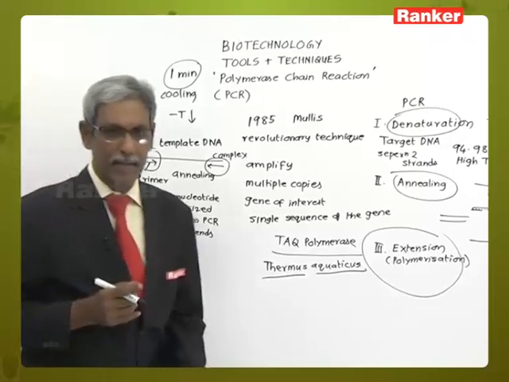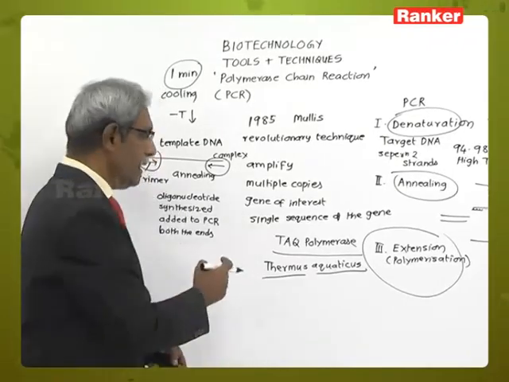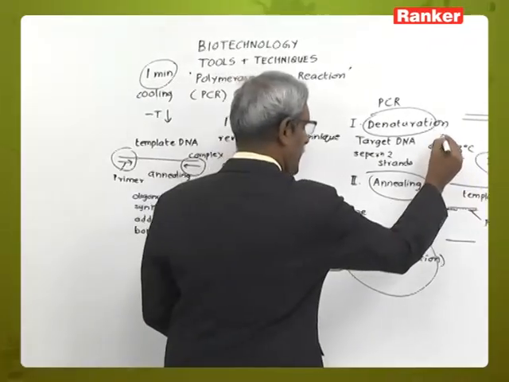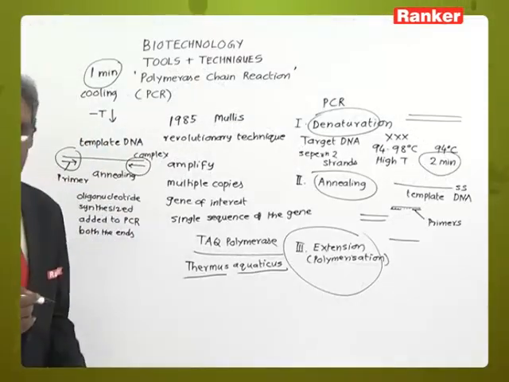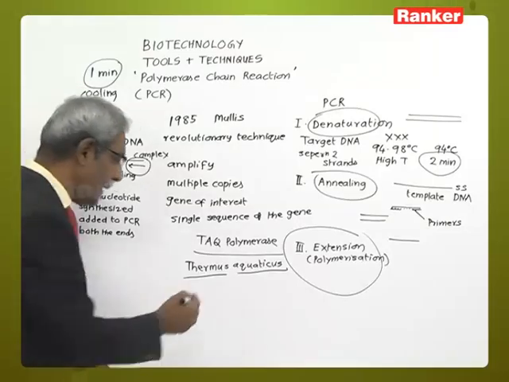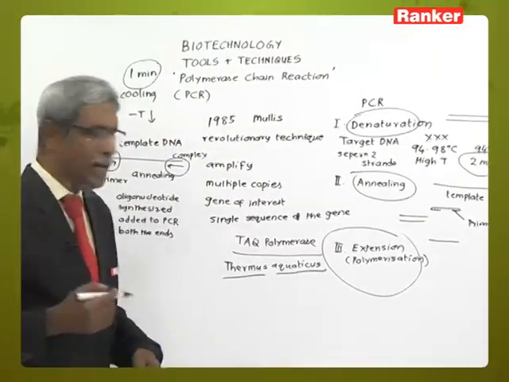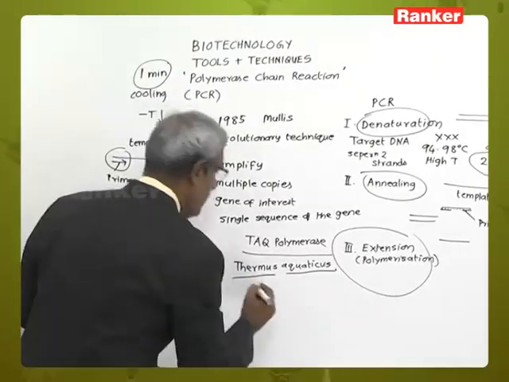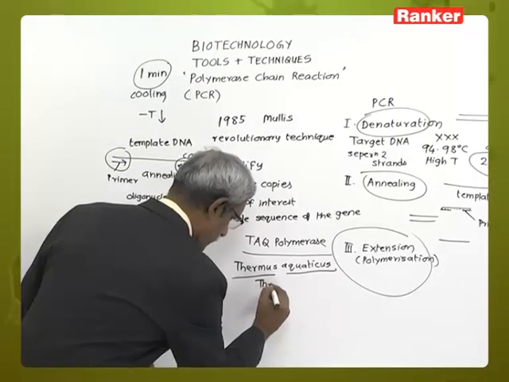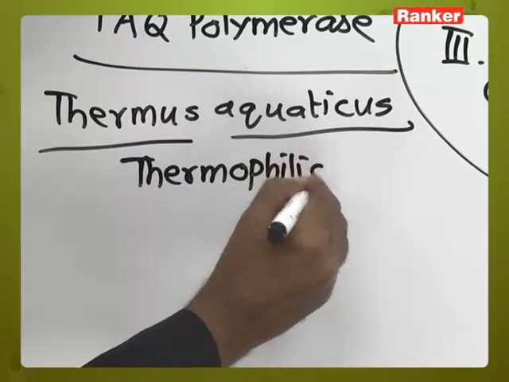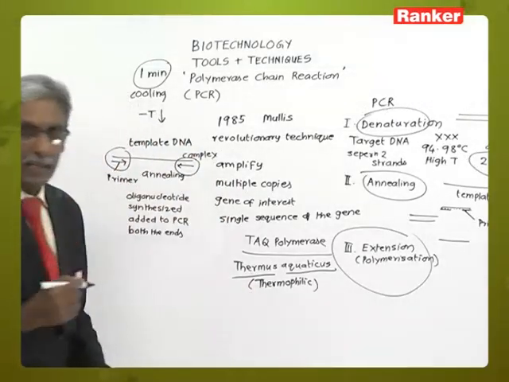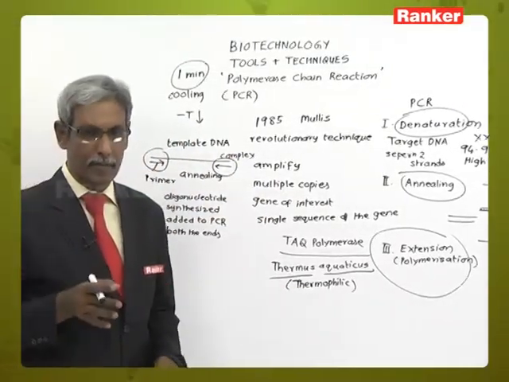Taq polymerase is an enzyme which is resistant to very high temperatures, and it has been derived from a thermophilic bacteria which is present in the hot springs, in thermal aquifers.